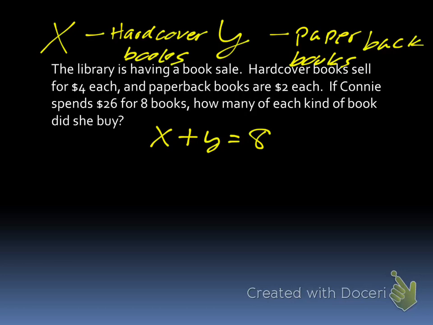No, because we're representing that with X, our variable, right? So then we have 4X plus, same way with the paperback, right? But paperbacks are how much? $2, so 2y. And she spent how much total? 26. There you go. There's your two equations. That's what you need.